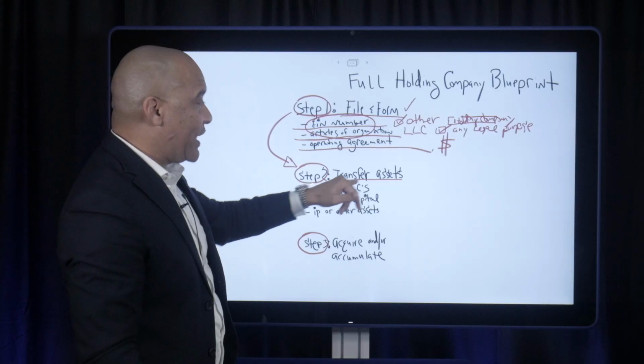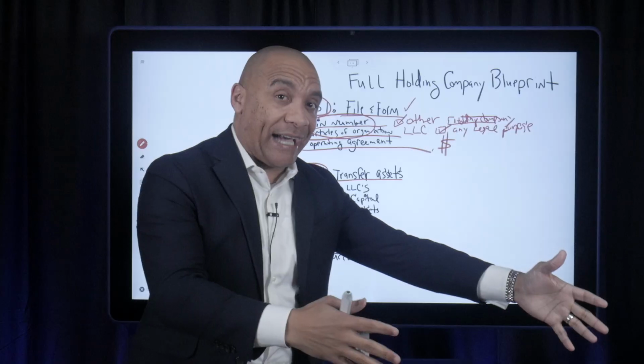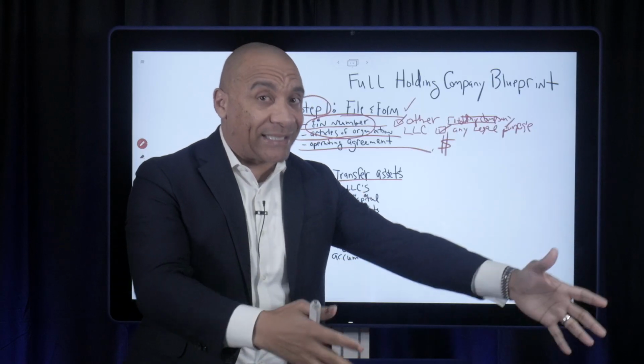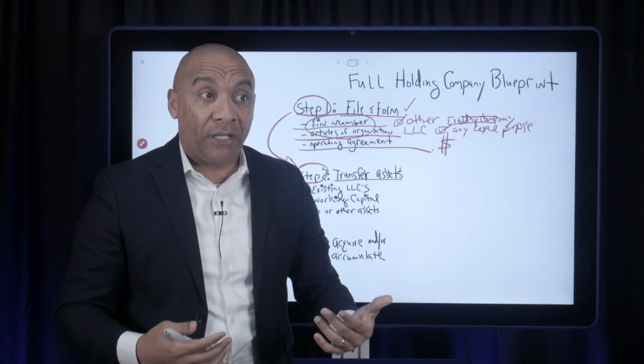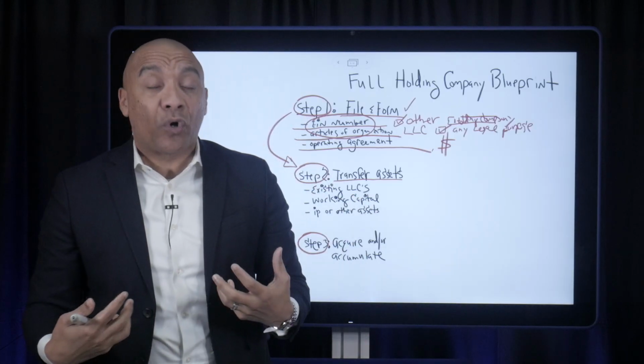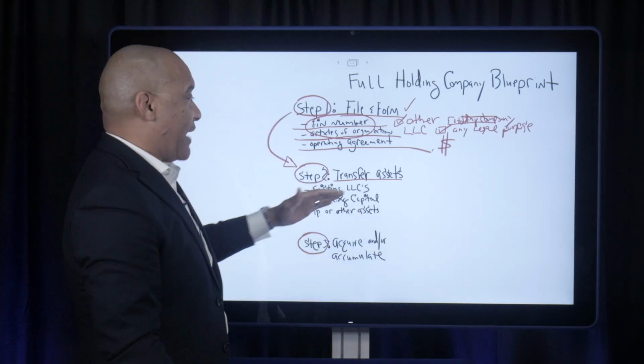And I'm saying transfer assets because unless you already have businesses or assets that you're planning on buying, you're going to have to take assets that you currently own, maybe personally or in some other entity, and you're going to have to transfer them.